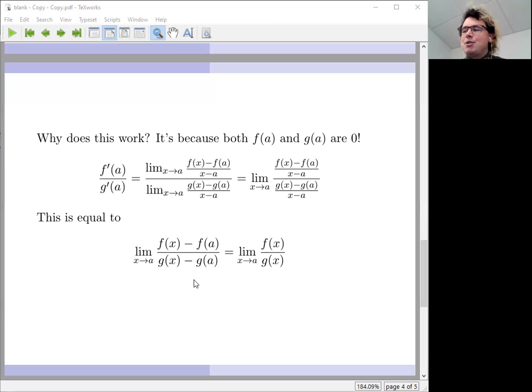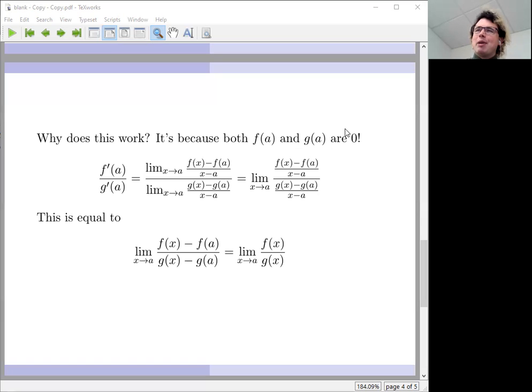If both of those function values were not 0, I could just do my division and use my direct substitution property. I wouldn't even have to use L'Hopital's rule. If one of these things were 0 and the other wasn't, I'd either have 0 divided by some non-zero constant, and I'd know my limit is 0, again by direct substitution. And if my numerator was some non-zero thing and my denominator was 0, I would say that limit diverges.